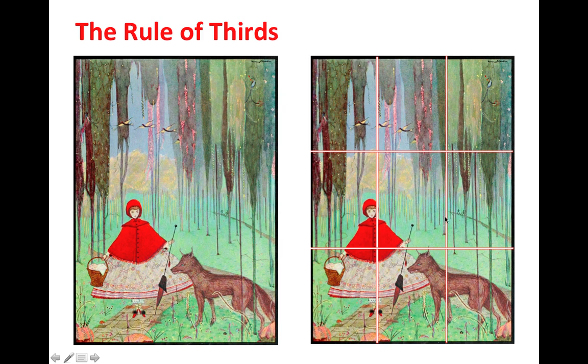Sometimes dividing a picture into thirds can draw your attention to things you didn't notice before. How all these birds seem to be following each other, except for this one. How this path is leading out of the picture. Maybe that's why everything is focused here at this bottom corner, because that's where the path is headed. And isn't that Little Red Riding Hood's problem?